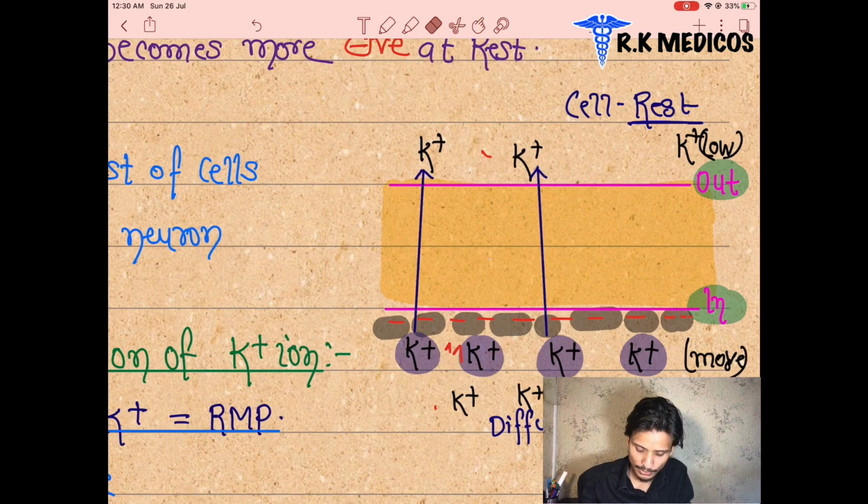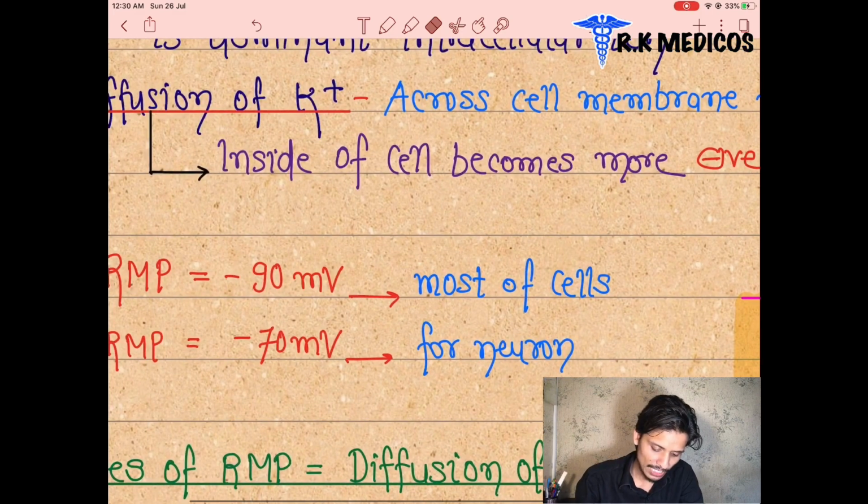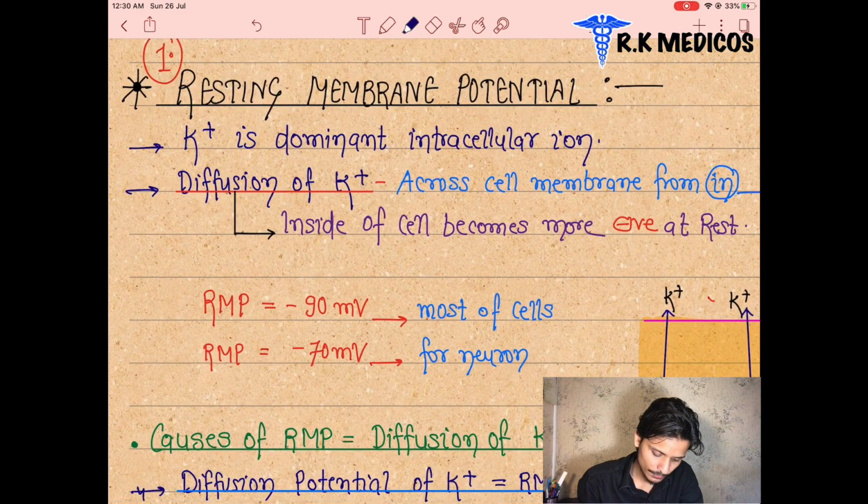And now you tell me, which ion is responsible for maintaining the resting membrane potential? That's clear now. Potassium is maintaining the resting membrane potential because it moves out according to the concentration gradient. We can also see here that potassium is the dominant intracellular ion. Already told you.